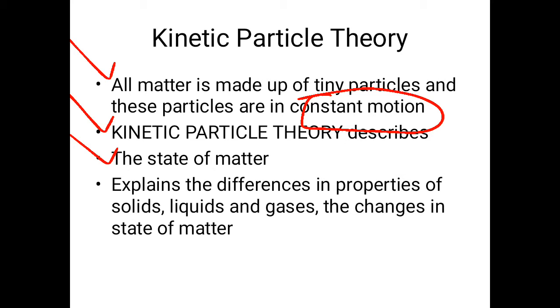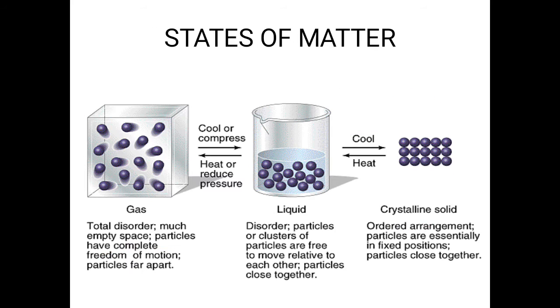And it also explains the differences in properties of solids, liquids and gases and the changes in their states. So we see why it is very important to know about the particles in different physical states.